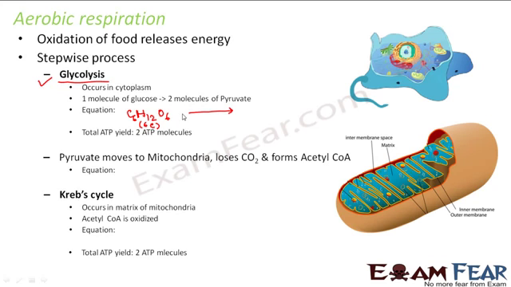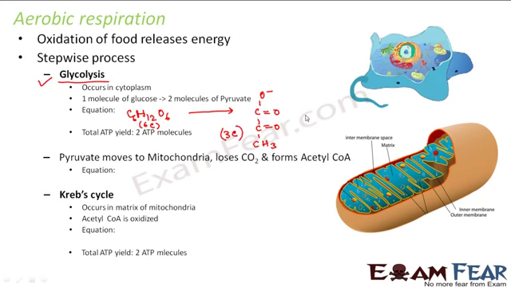So it gets converted into a little simpler form. In pyruvate, we have 3 carbon atoms. So the structure of pyruvate looks somewhat like this. How many carbons do we have? We have 3 carbons here. So pyruvate is a 3 carbon molecule.